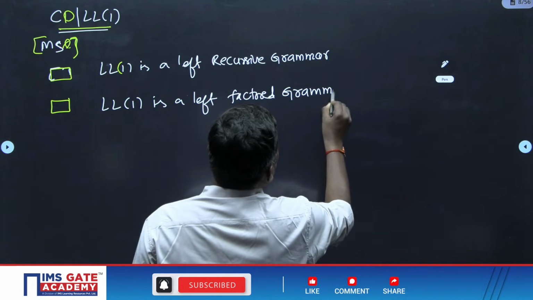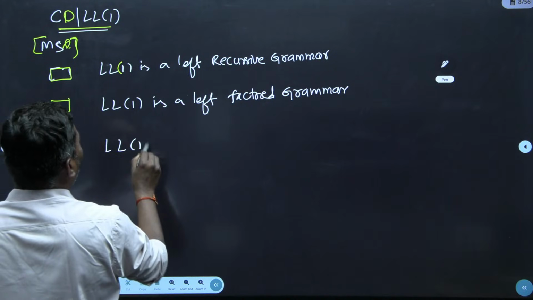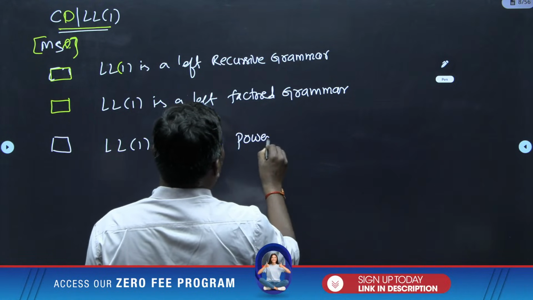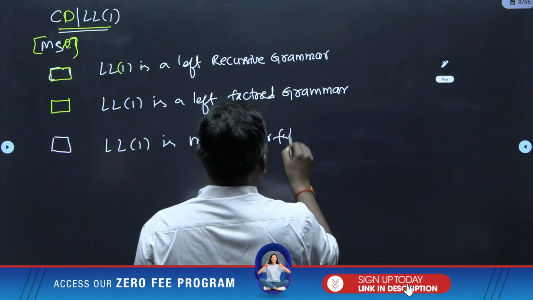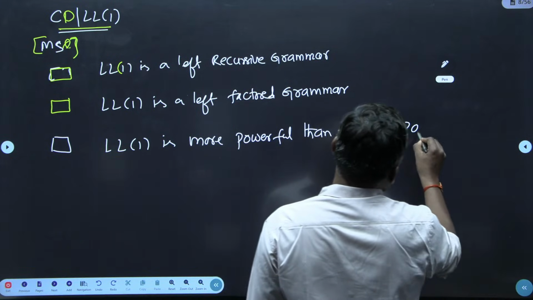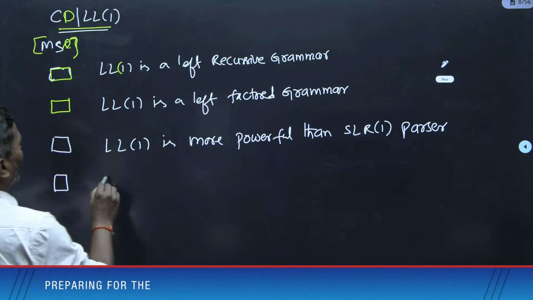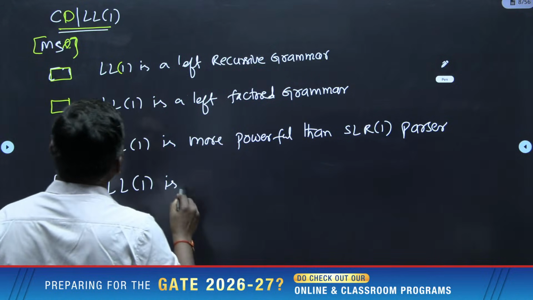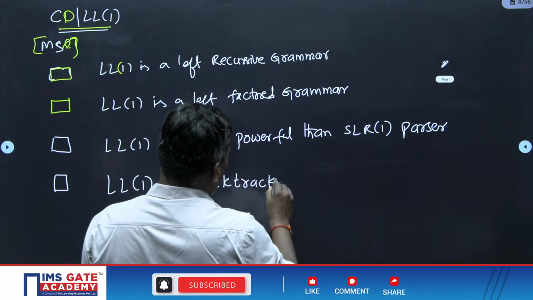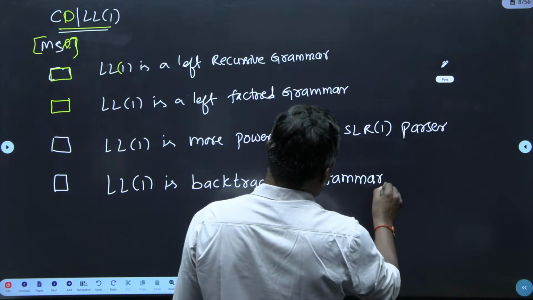Statement 3: LL1 is more powerful than the SLR1 parser. Statement 4: LL1 is a backtracking grammar.